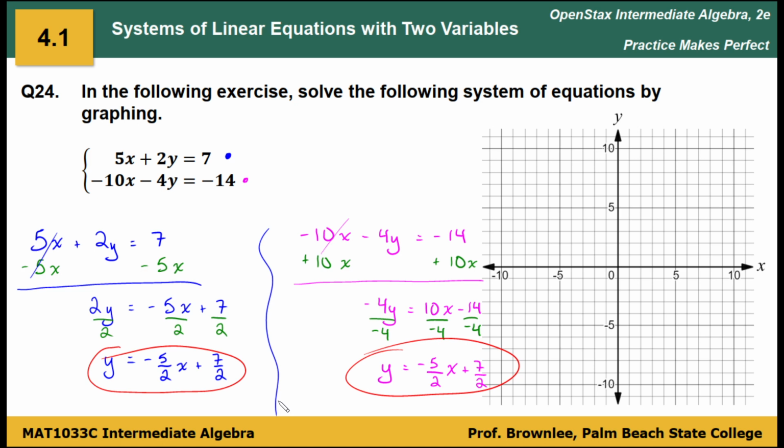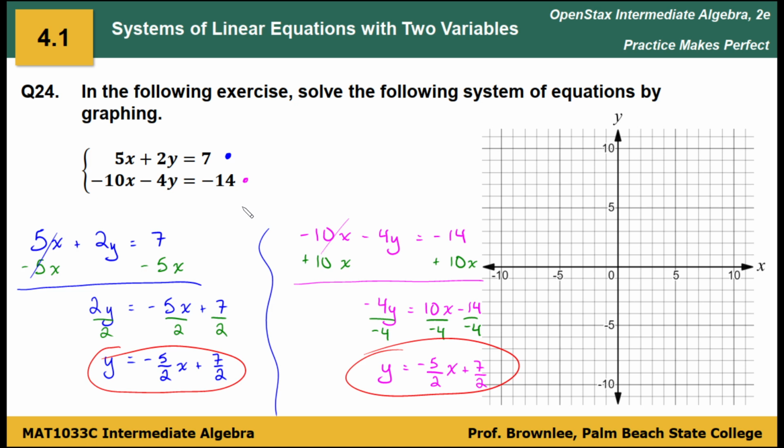Well, that means that these two equations are really one and the same. It's the exact same equation, just expressed in two different ways. So any ordered pair that satisfies the first equation, any x comma y that you can think of that will make this first equation true, will also make the second equation true.